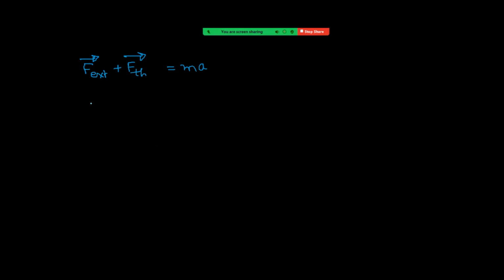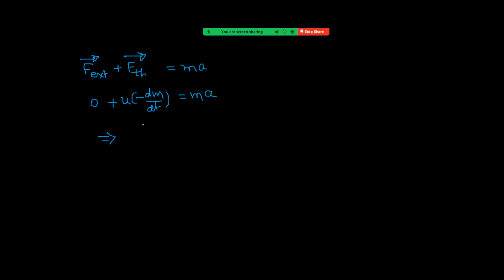And one more condition is given: no external forces, so this is zero. Thrust force: it is given that the gas escapes with a constant velocity u relative to the rocket, so it is u. Now I have to take here minus dm by dt, because mass is decreasing. Ejecting gases means mass is now decreasing. That is equal to m into acceleration.